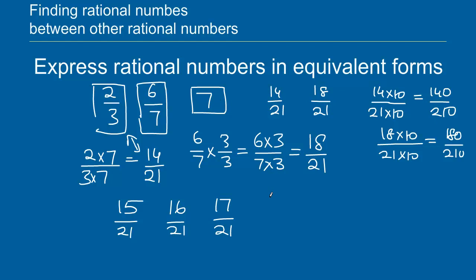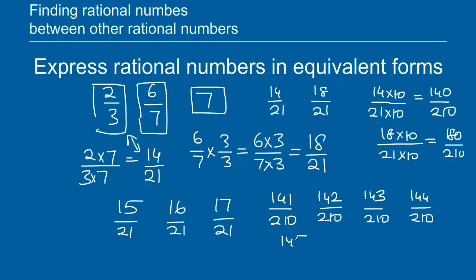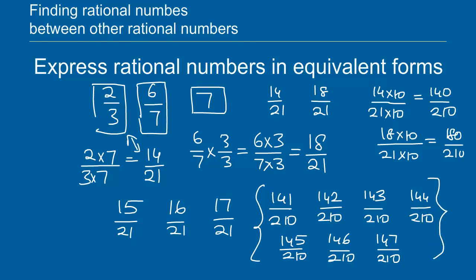So we can write 141 by 210, 142 by 210, 143 by 210, 144 by 210, 145 by 210, 146 over 210, and 147 over 210. So here we have found 7 rational numbers between these two.